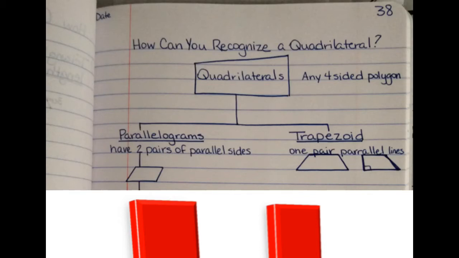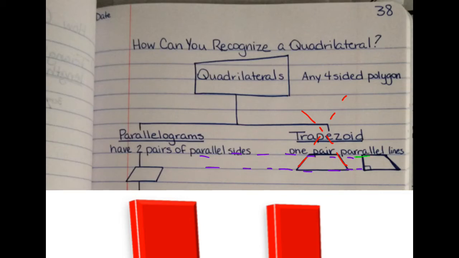If you continued on this set of lines right here forever, that side would never touch. But the other pair, if you started to extend those on forever, right here, they would touch. Same thing over here.